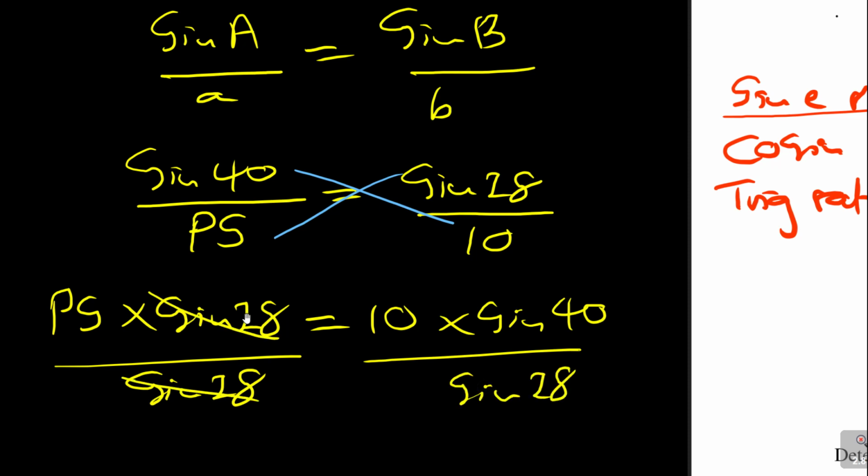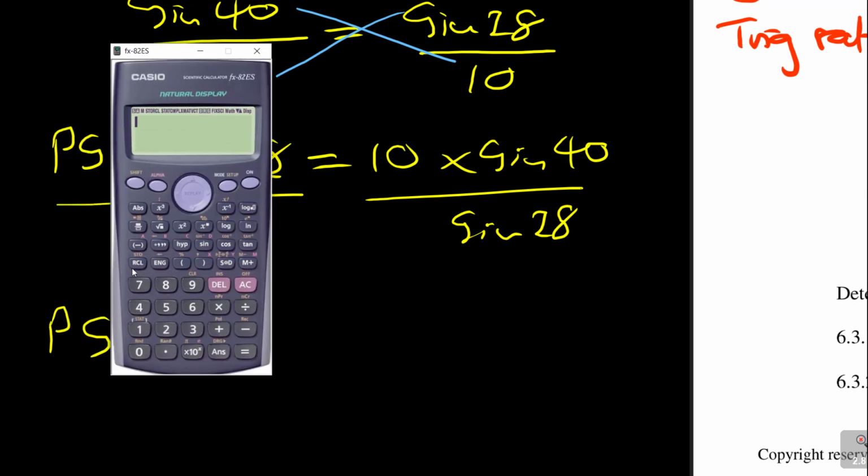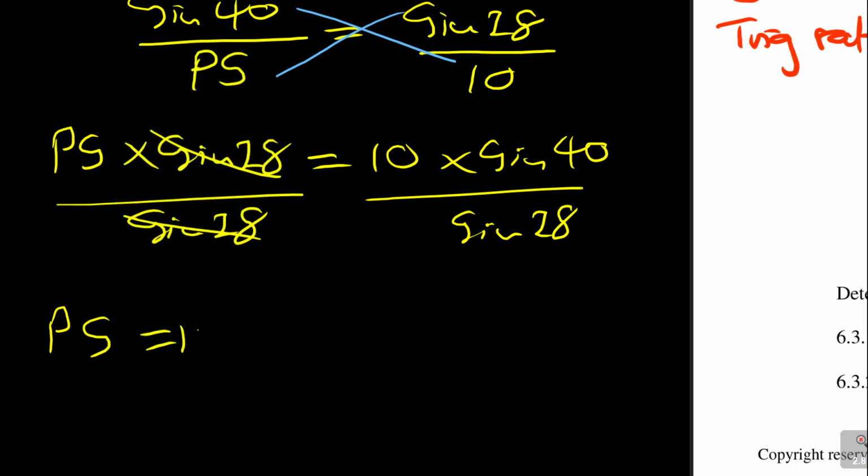Then you get PS equal to 10 times sine 40 over sine 28, and using our calculator, that is 13.692.